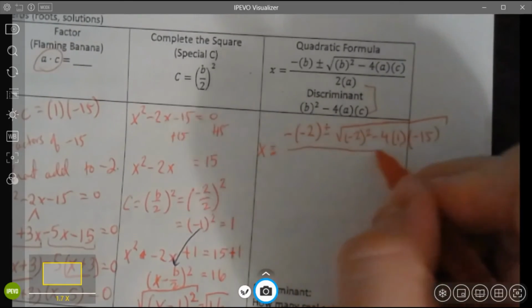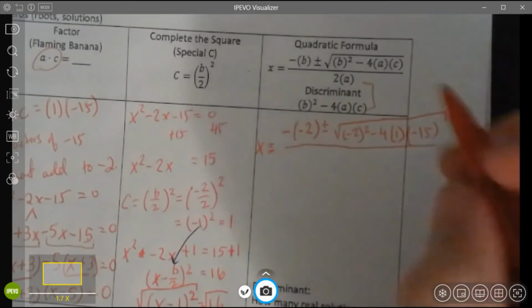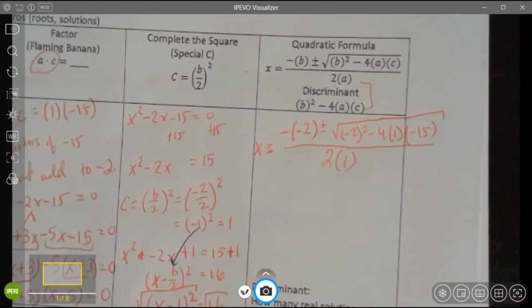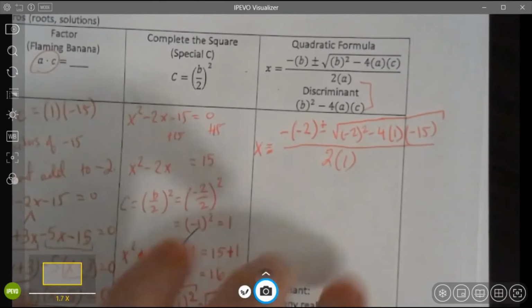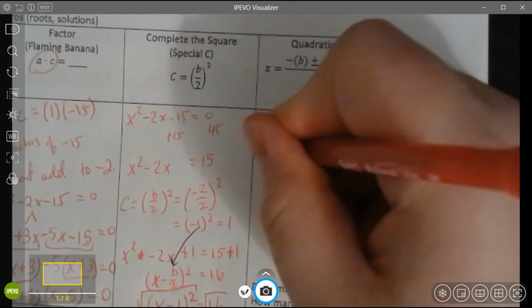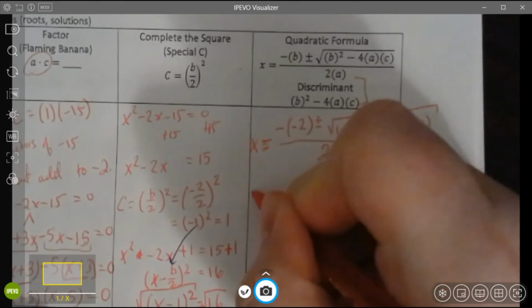All of this gets divided by 2 times a, which is 1. So I just took my values for a, b, and c and plugged them into the quadratic formula. Next, we're just going to clean this up a little bit.